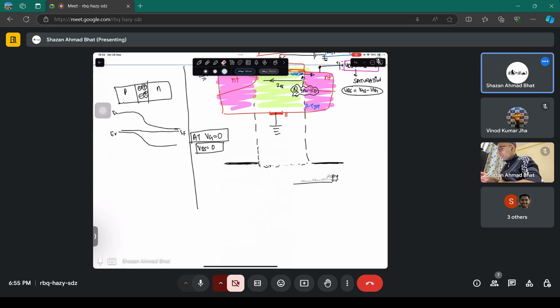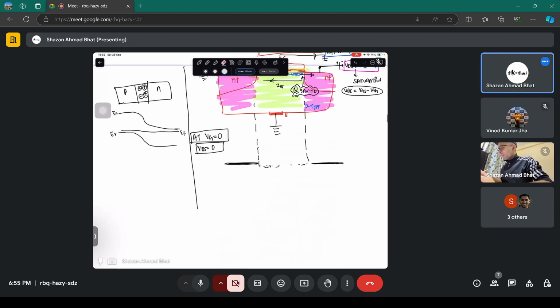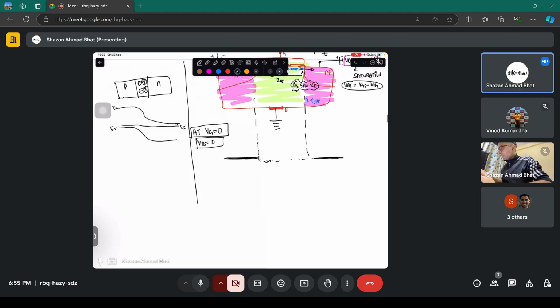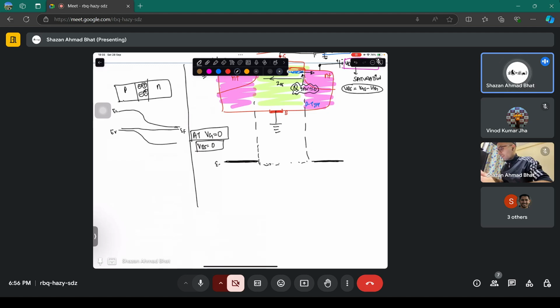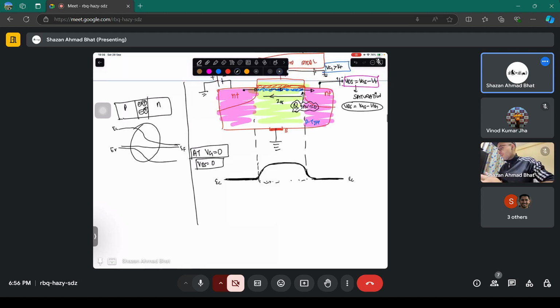Right now, we are considering the gate voltage to be zero. Let's assume the gate voltage to be zero. But what is going to happen is that you have a conduction band like this, and you have a region something like this here in between. It's like a barrier, just like in a PN junction, this barrier exists. Now, why is there a barrier? That is the question.